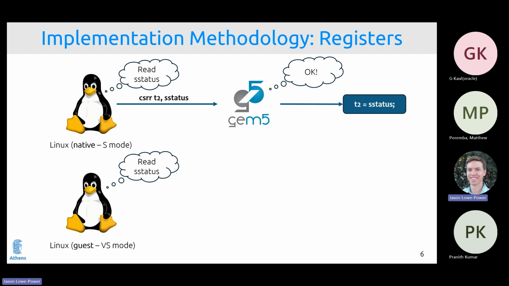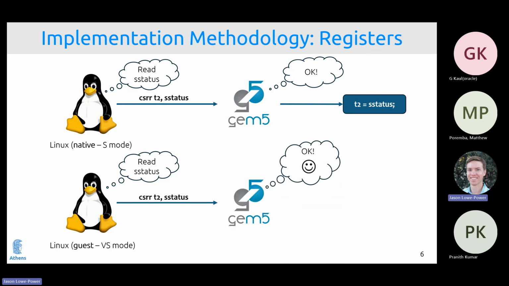So in the bottom case, again, because we have an unmodified OS that is being virtualized, it's going to issue the exact same instruction. And we just have to play a trick on it and make it think that it's reading S status. But in hardware, inside gem5, we're actually going to give it the virtual supervisor register, VS status, because the S status register is now managed by the hypervisor.